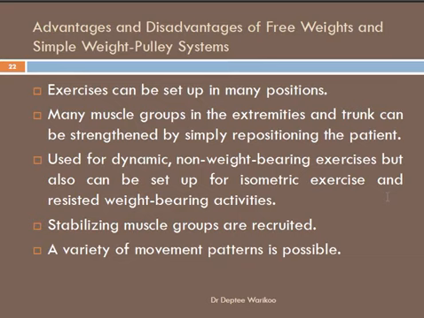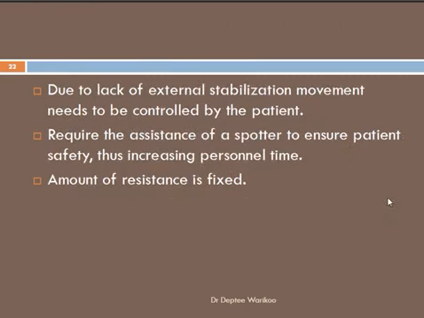Stabilizing muscle groups are recruited and a variety of movement patterns are possible. For example, if you are using dumbbells, you could strengthen a variety of muscles in different ways with the help of dumbbells. Due to lack of external stabilization, it needs to be controlled and it requires the assistance of the spotter. Always remember the amount of resistance is fixed in such devices.